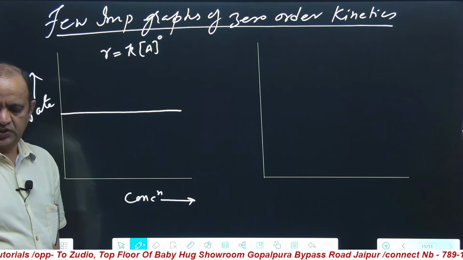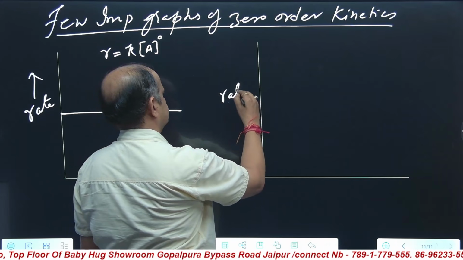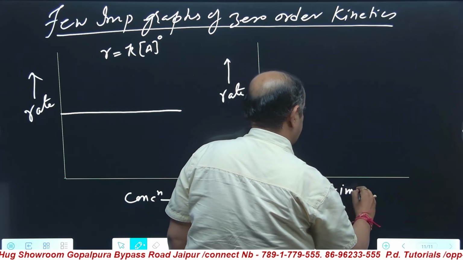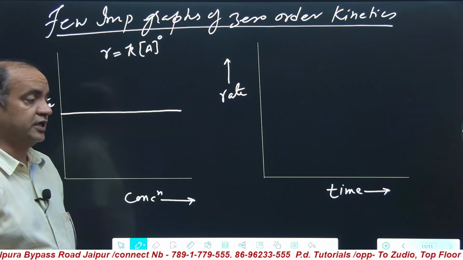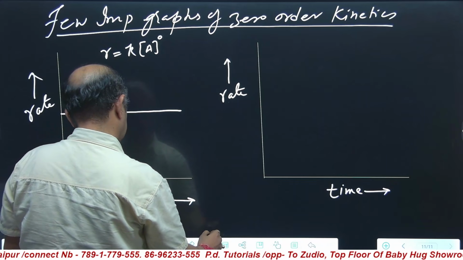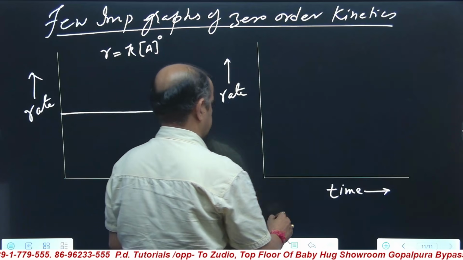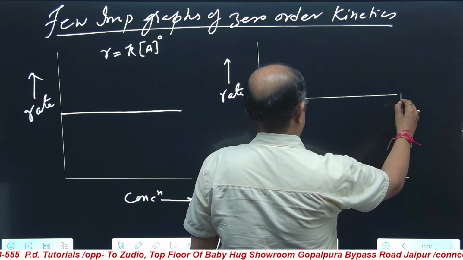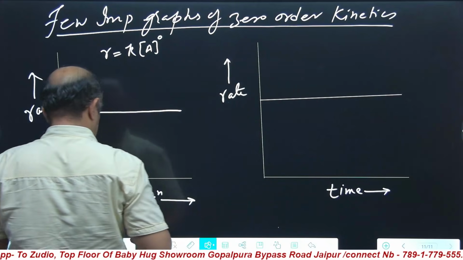Next, rate versus time. Rate is also independent of time. We have studied rate is independent of time and concentration. Okay, copy it.